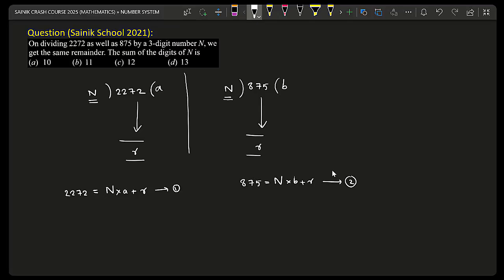If you subtract these two, the r will get cancelled because r is common. So I am subtracting equation 2 from equation 1.